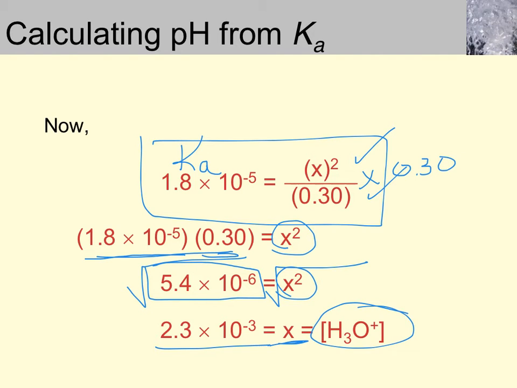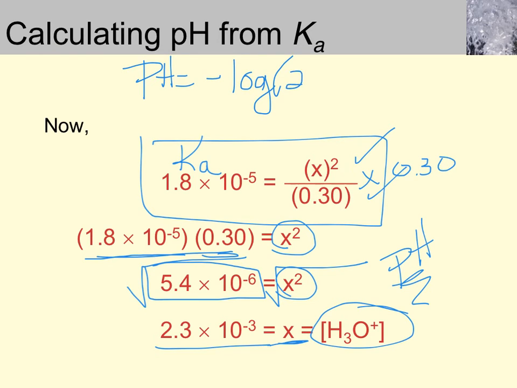That is the concentration of hydronium ion. If you go back and read the original problem, it asks us for pH, so we have one more calculation to do. And that is pH equals minus log of 2.3 times 10 to the minus 3.